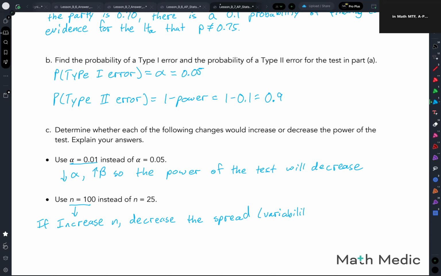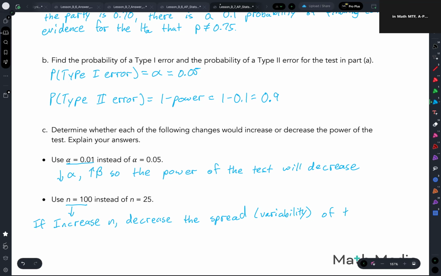And I need to caution you, do not forget, this is not for any type of distribution. It's not true for the population distribution. That variability is set. It's not for the sample distribution, the distribution of a single sample, because if I have more data values, it's just as easy that that data gets more spread out-ish. But what we're talking about is we're going to decrease the spread of the sampling distribution.